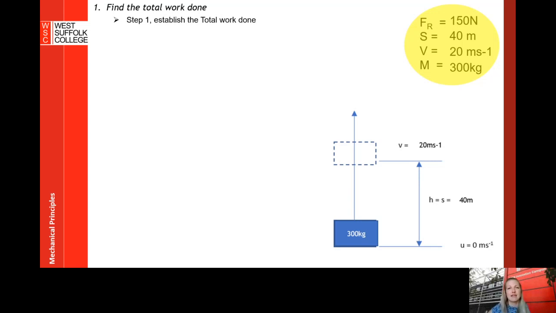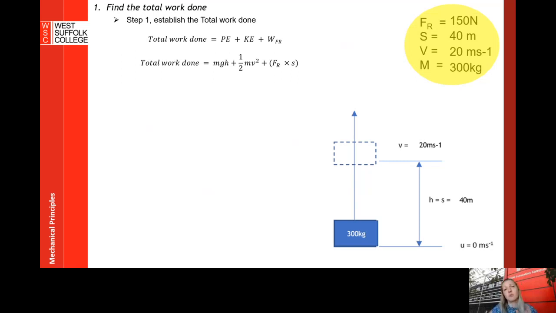Remember, previously, the work done is made up from three separate parts: the potential energy, the kinetic energy, and the frictional resistance that we might encounter. All I have now done is I've then given each section the answer to what it's denoted in its term. This will make more sense as we progress further.